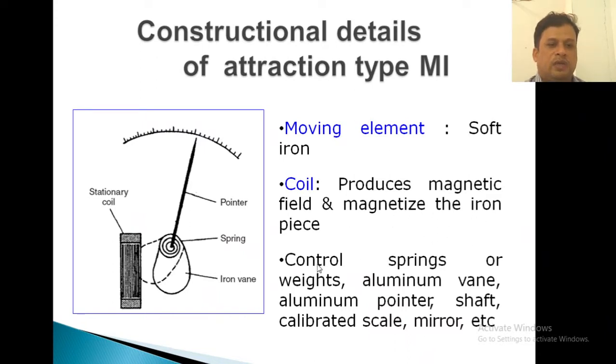The control springs or weights, aluminum vane, aluminum pointer, shaft and calibrated scale are used to control the torque. In the beginning we have already seen how the deflecting torque and control torque are produced.